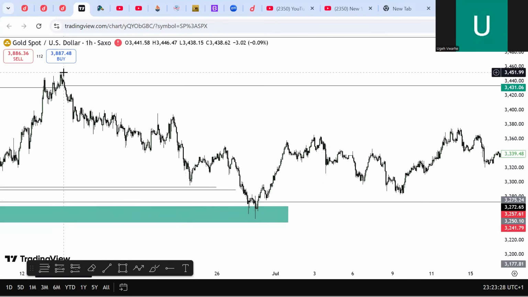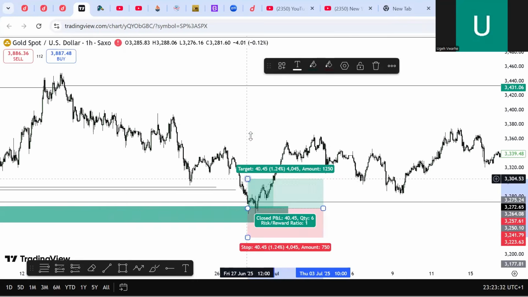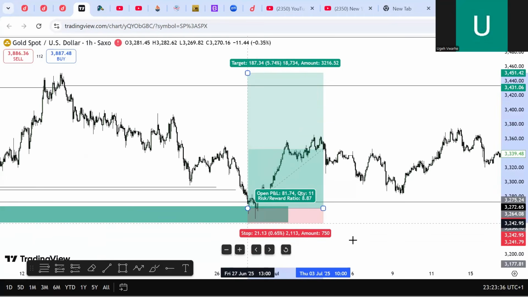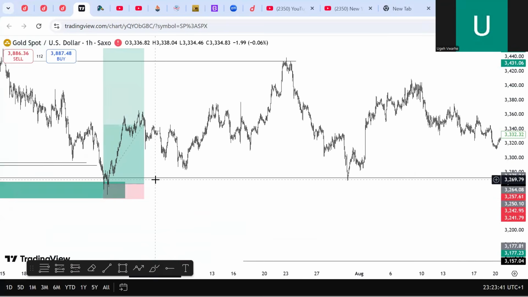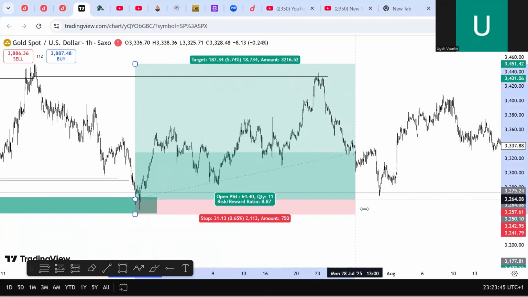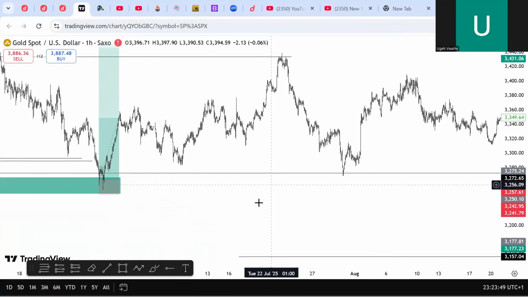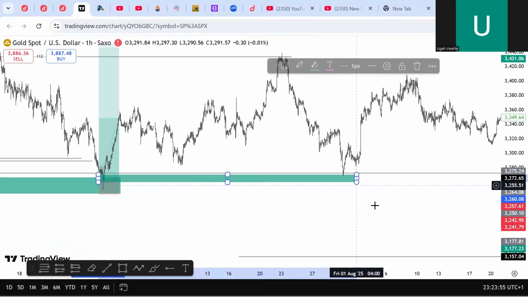Now this is your TP, your first TP. It's a very good place to TP, and that was how price moved all the way up. In fact, if you look at it, it almost took out that TP before retracing down, and even that retracement is because it's still coming again to our kind of setup that we normally look for, and I'll show you where that is reacting from.